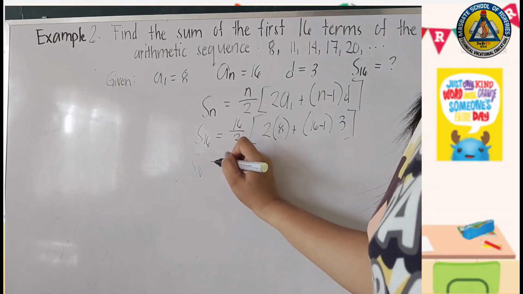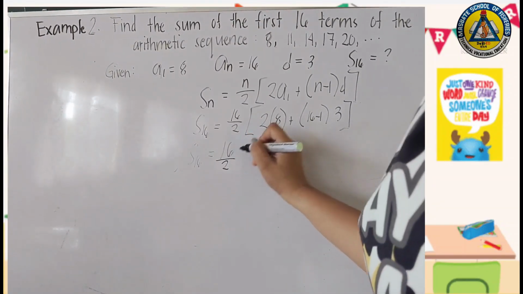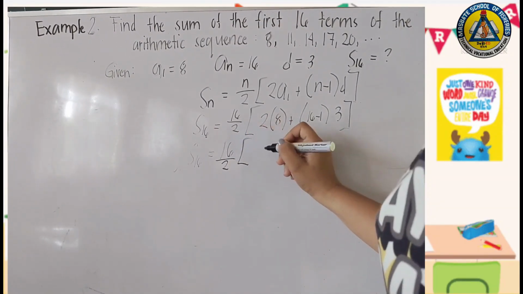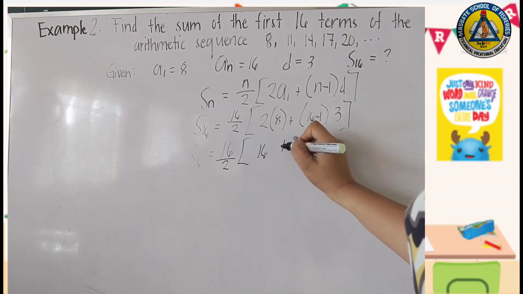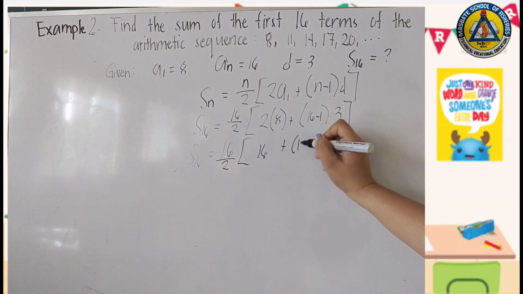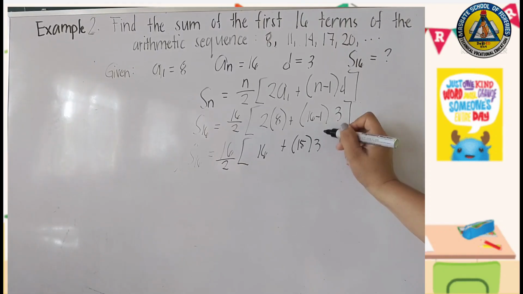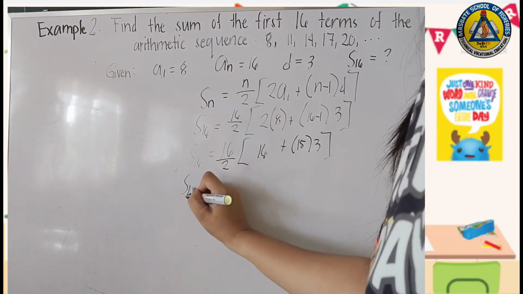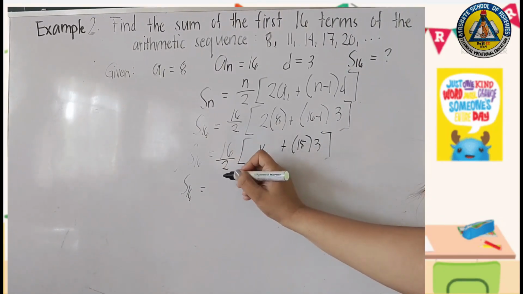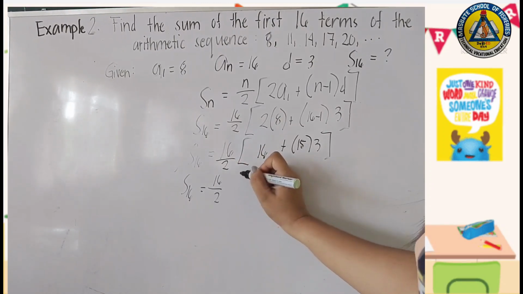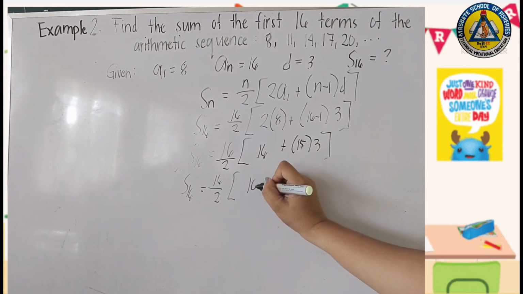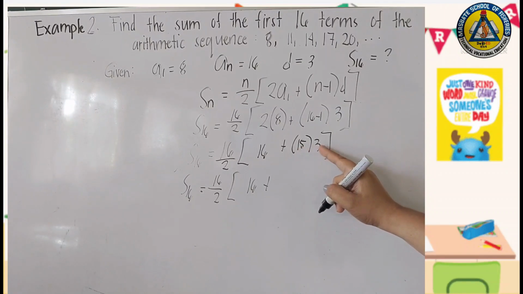S sub 16 is equal to 16 over 2 times 2 times 8, which is 16, plus 16 minus 1, which is 15, times 3.